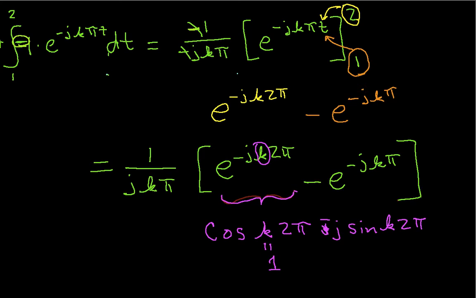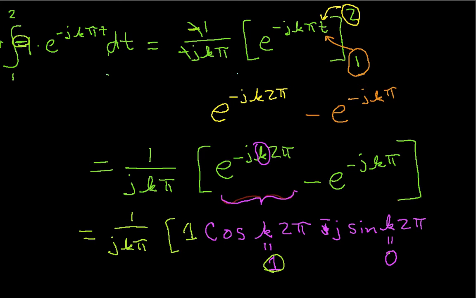Similarly, I have the sine of an integer multiple of 2 pi, and that is 0. So it turns out then that this integral can be written as 1 over j k pi times this guy, which is 1.